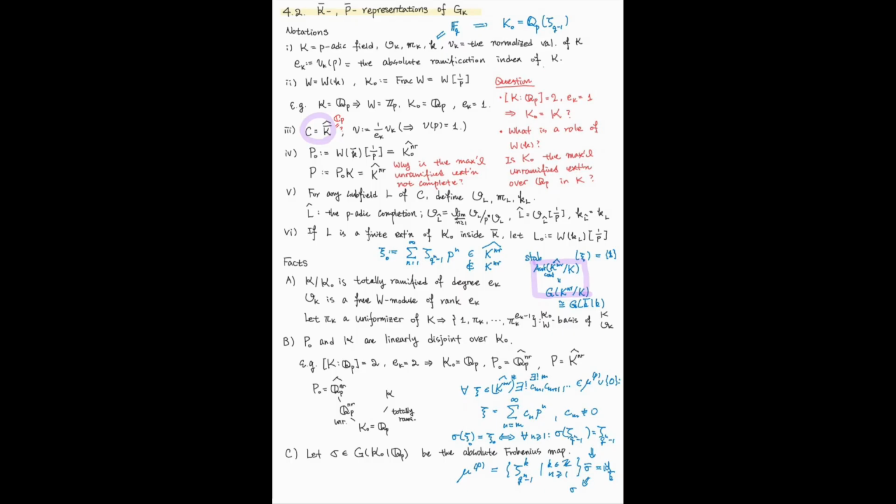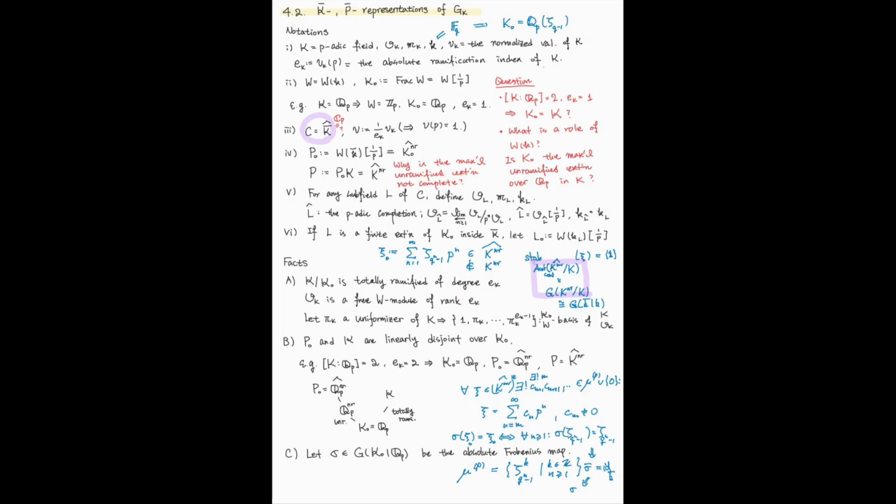And P0 and K are linearly disjoint over K0. So for example, if K is a degree 2 p-adic local field and e_K is 2, then K0 is Q_p and P0 is the completion of the maximum unramified extension of Q_p, and P is K times P0 hat, and they have the following diagram.